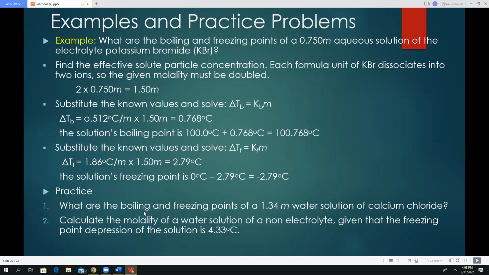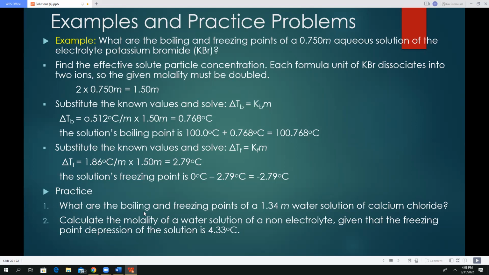So we will say 0.512 degrees Celsius per molal times 4.02 molal. Okay, so that would give us an answer, right? Let's see, 0.512 times 4.02 is going to give us 2.0506 Celsius.